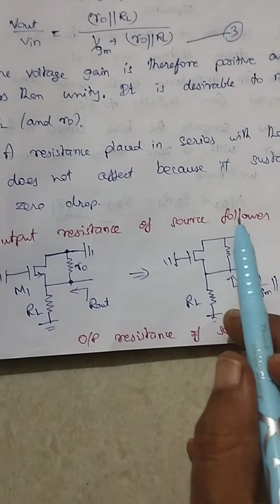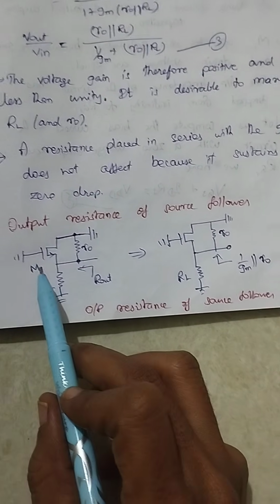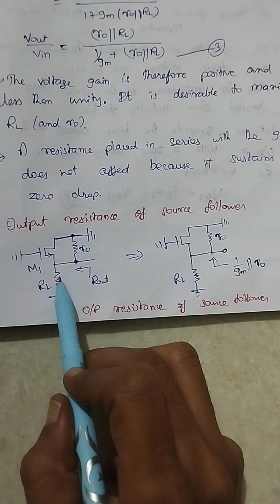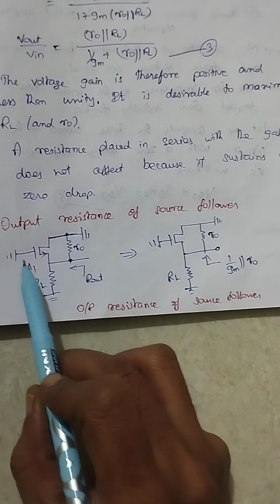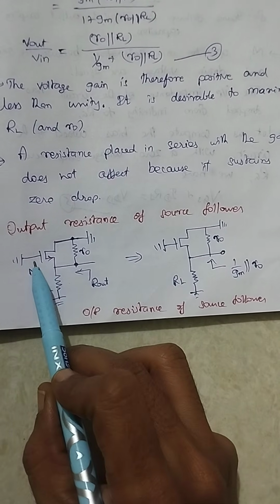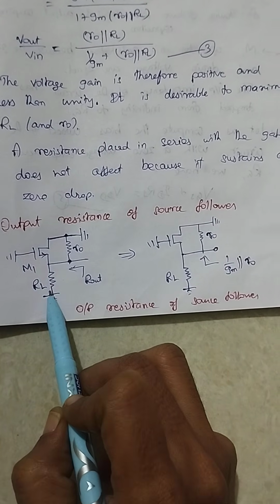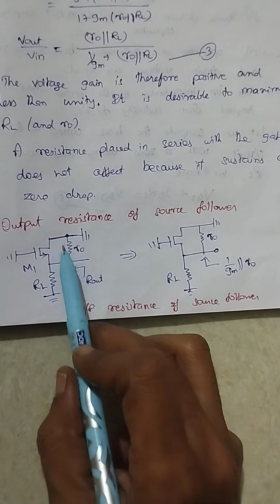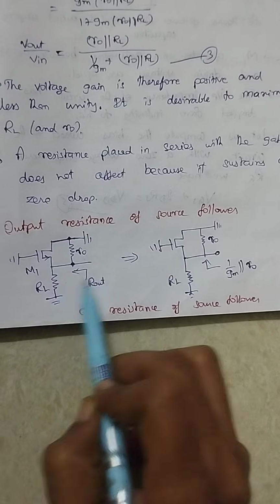Then what about output resistance? For finding the output resistance, we construct the small signal diagram. Here the input voltage at the gate is grounded and we have the load resistance, and channel length modulation is not neglected, so we have to consider R0.